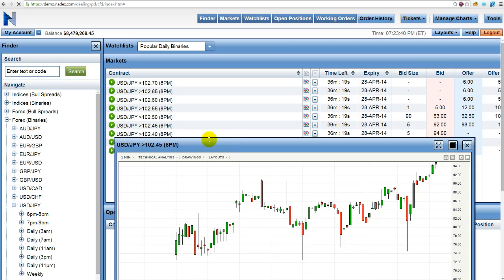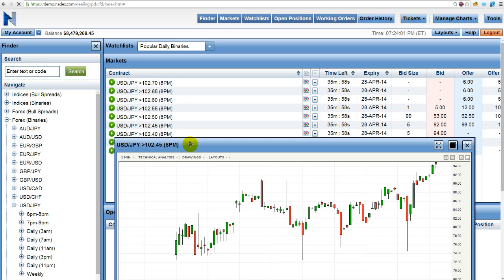You're basically stating that the statement in the name of the contract here is true: the US yen will be greater than 102.45 at 8 p.m. You don't have to hold it. That's not how it has to work. But the first thing to understand is that is what you're stating. When you buy, you're saying that statement's true.